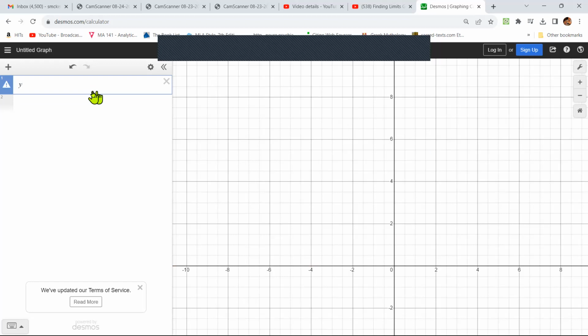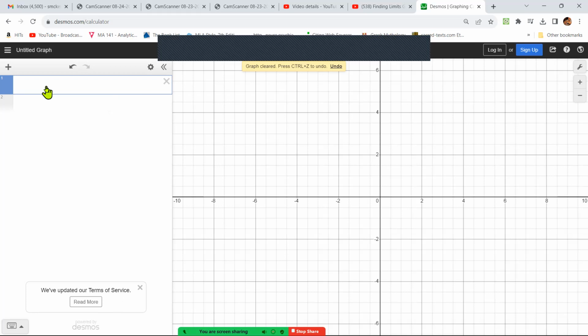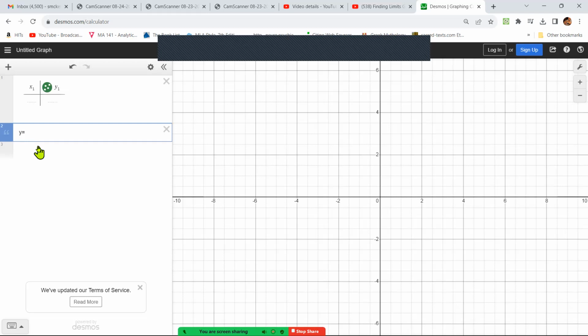First, this is the function y equals x squared minus 1. I'm going to add a table first, and I'll show you how to graph this in Desmos as well.